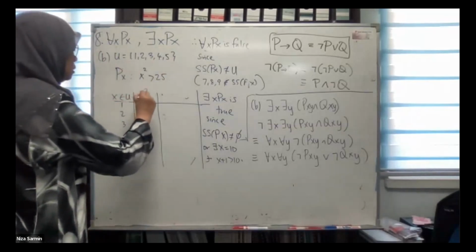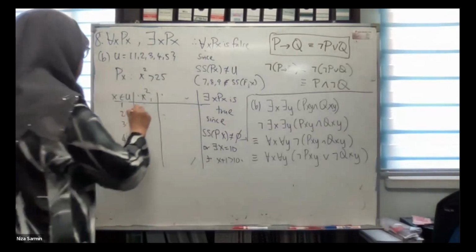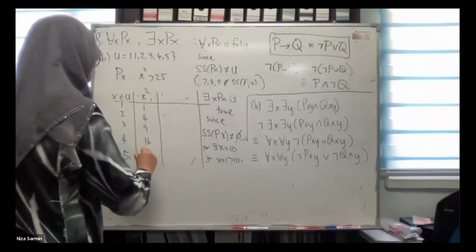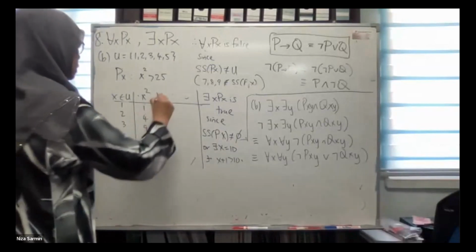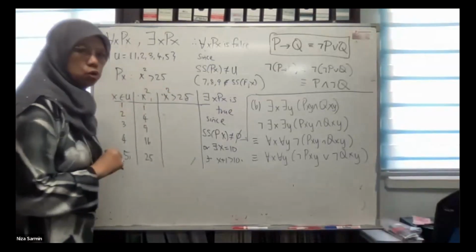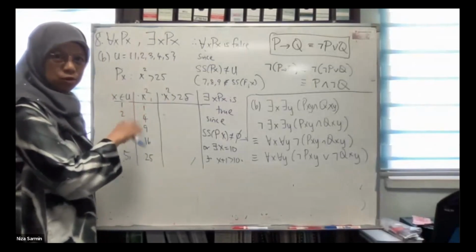And then you put x squared: 1, 4, 9, 16, 25. And then you put x squared bigger than 25. So you compare. They're all not bigger than 25, right?